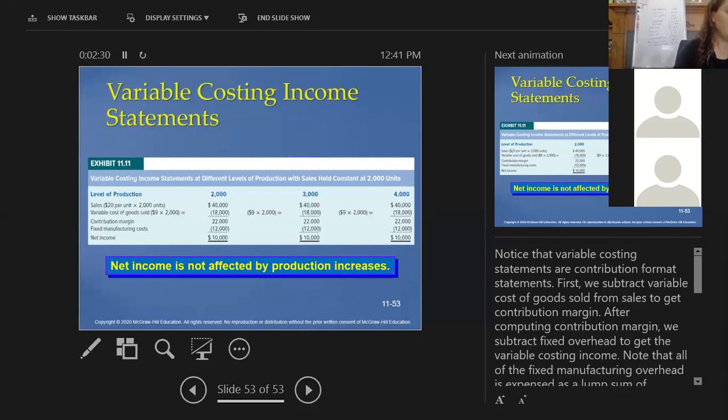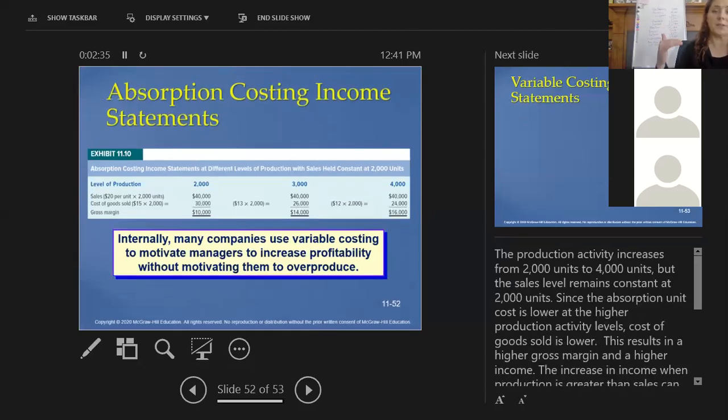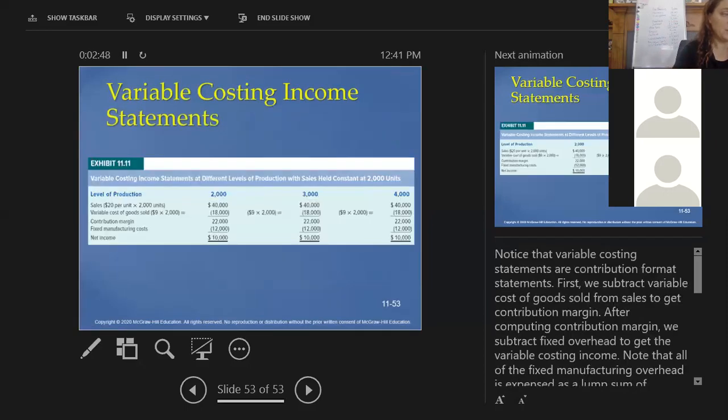So what they're talking about in the slide before is that because the cost goes down per unit, the more you make, it tends to motivate people to want to make more so that their costs go down. Using variable costing, it does not do that. We're going to look at an example.